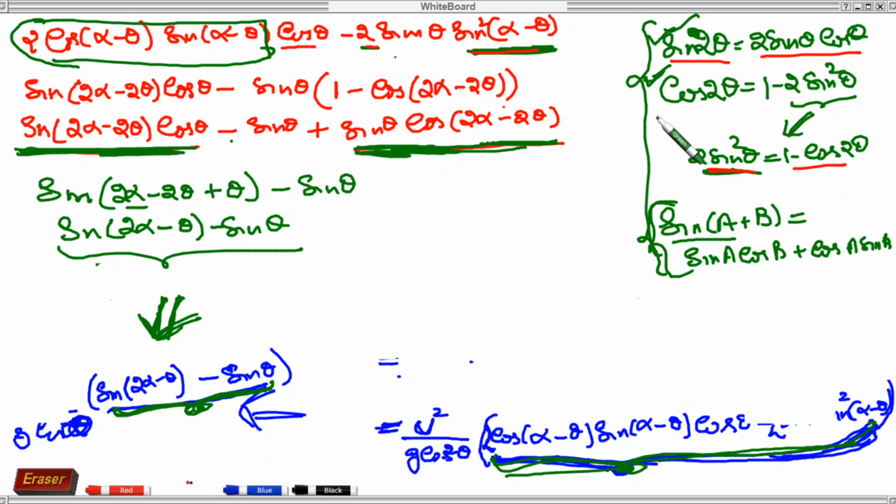I only used these three trigonometric equations. I think you might not be familiar with them, so for the time being, remember: sine 2 theta is equal to 2 sine theta cos theta, cos 2 theta is equal to 1 minus 2 sine square theta, and sine a plus b is equal to sine a cos b plus cos a sine b.